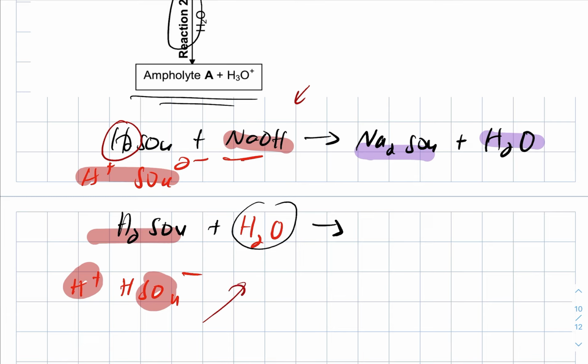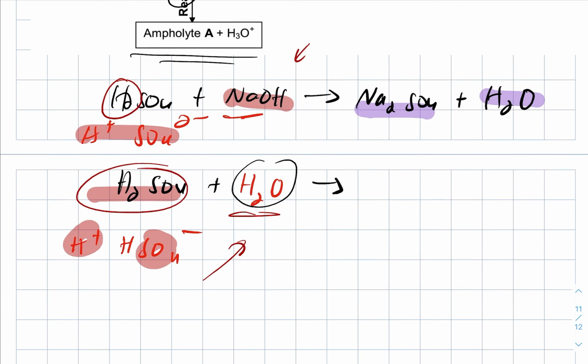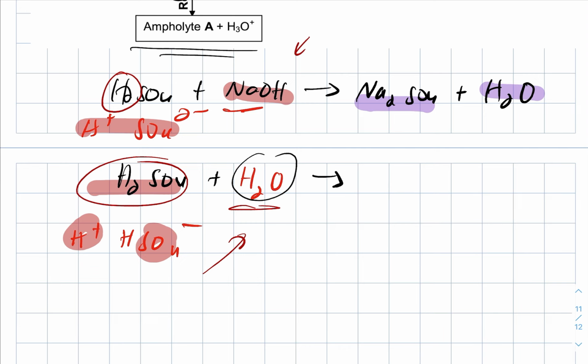But whenever you dissolve the sulfuric acid in water, it's actually going to take two reactions. The first reaction will be this, and the second reaction will be where you are left with the hydrogen sulfate ion, which is then added to water. Why?